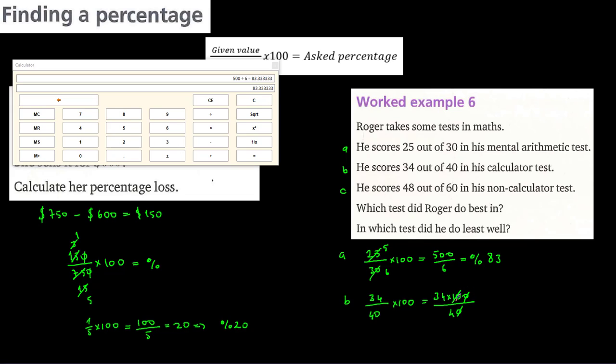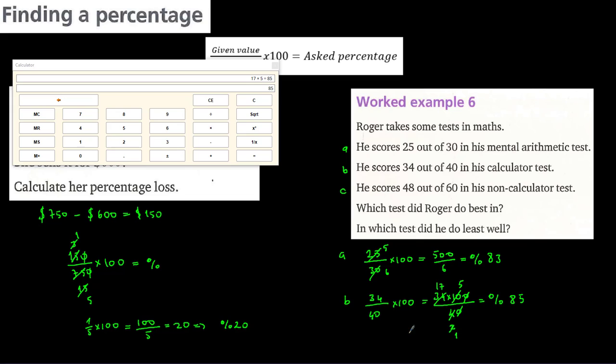Then 10 and 4, both of them are divisible by 2, which gives 5 and 2. 34 divided by 2 is equal to 17, and this is equal to 1. So the answer here is 17 times 5, which is equal to 85.